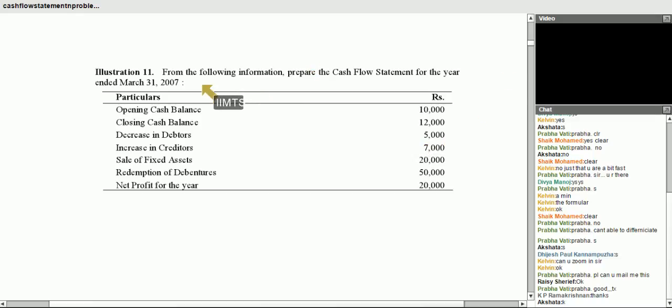This is the question. From the following information, prepare the cash flow statement for the year ended on March 31st, 2007. Yes, so all these details are given.